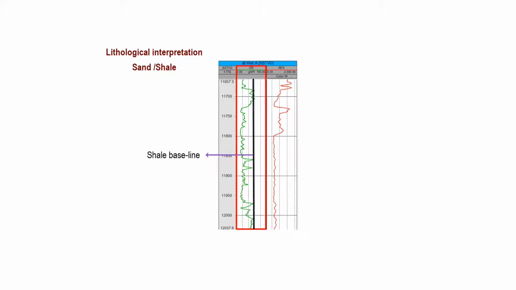This shale baseline indicates shale zone, which is impermeable zone. And then the log curves to the left hand side indicate sand zone, that is permeable zone. This is the center of attention because hydrocarbon are accumulated in reservoir sands.